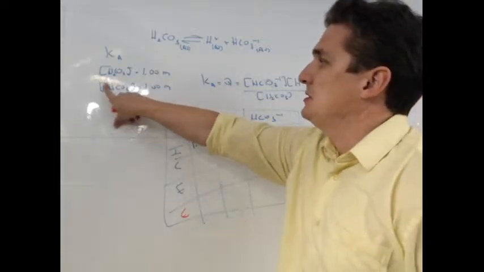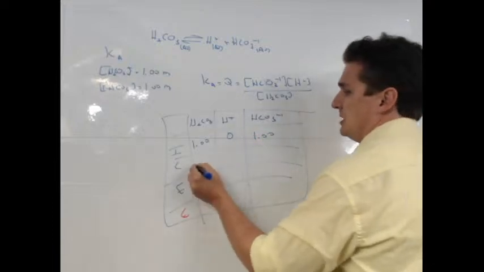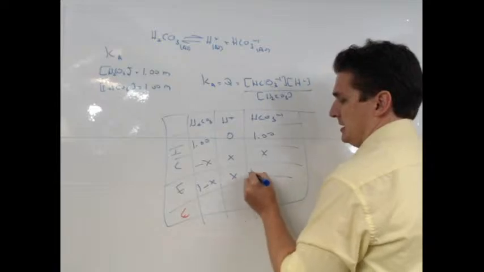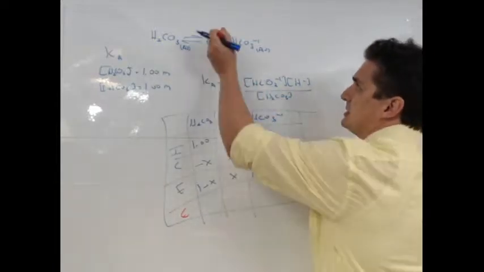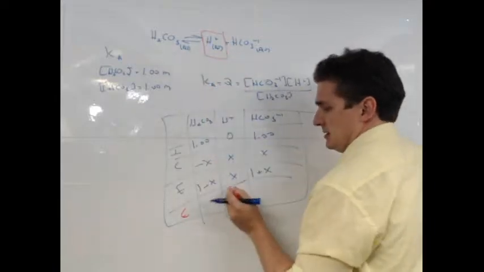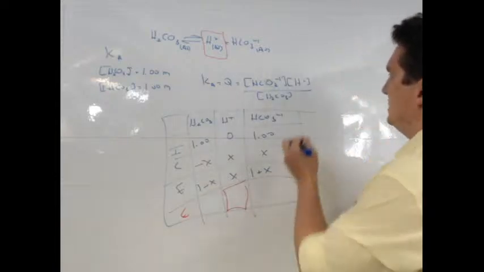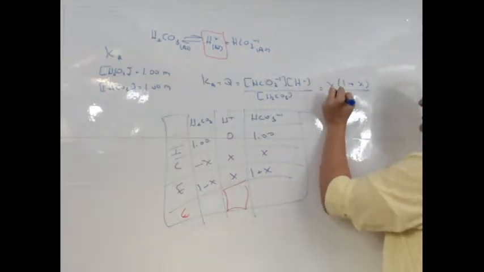In HCO3, the sodium here is just a spectator, so this ends up being 1 molar. Change is minus x, x, and x. So we get 1 minus x, x, and 1 plus x. We want to know the concentration of H plus. This is the x we're solving for. So we'll stick this back in and we get Ka as x times 1 plus x all over 1 minus x.